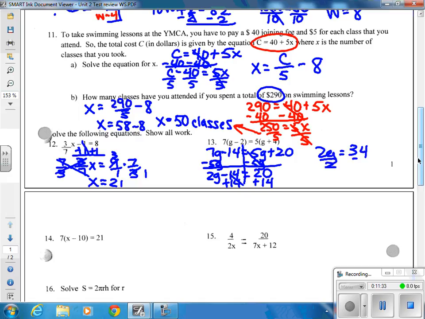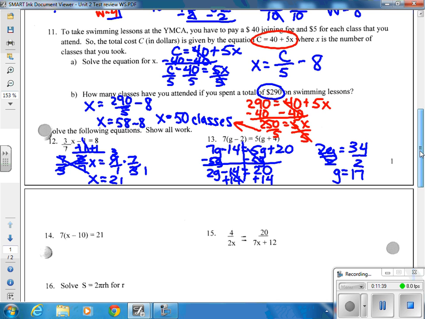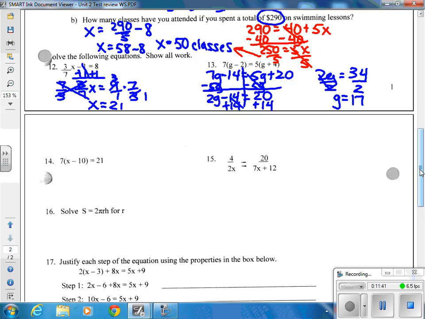Divide by 2, and you should be able to get g equals 17 off of this one. All right, number 14, distribute first. So you end up with 7x minus 70 equals 21. You're at a two-step equation. Add your 70. So now you've got 7x equals 91. Divide by 7. And x is going to equal 13.